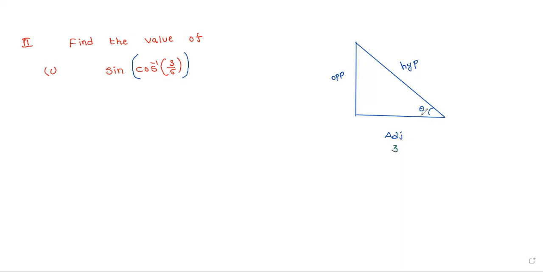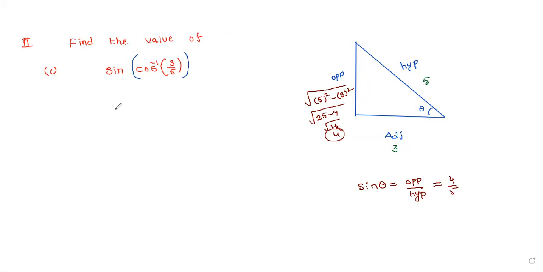So 3 and 5. What about the opposite value? First write the bigger value squared minus the other squared: 5 square minus 3 square, square root of 25 minus 9, root 16. 4 is the opposite side. So sine theta is opposite side by hypotenuse, which is 4 by 5.